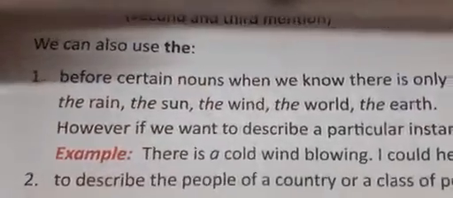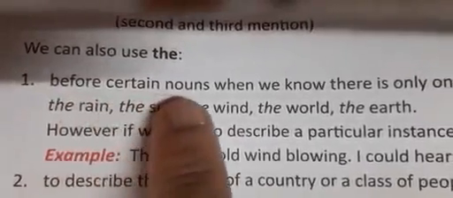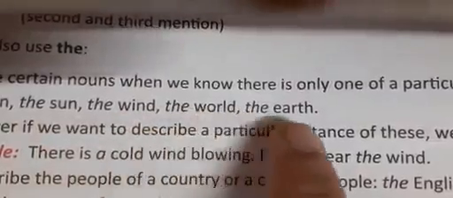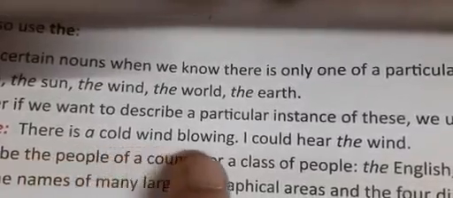We can also learn other uses of the. Listen carefully. First, before certain nouns, when we know there is only one of a particular thing: the rain, the sun, the wind, the world, the earth. However, if we want to describe a particular instance of these, we use a or an. Example: there is a cold wind blowing.